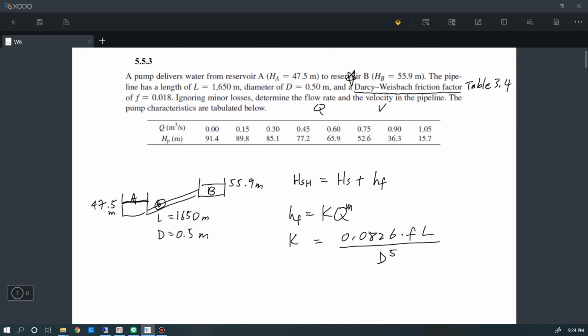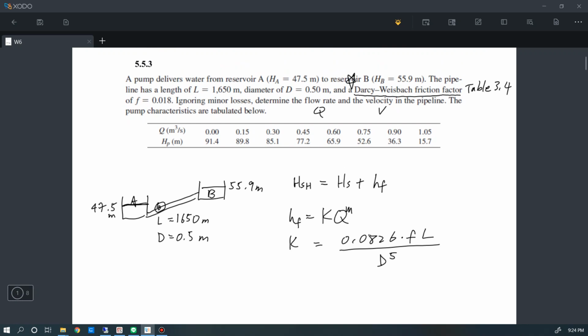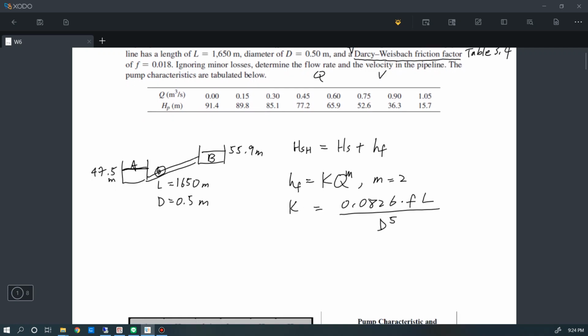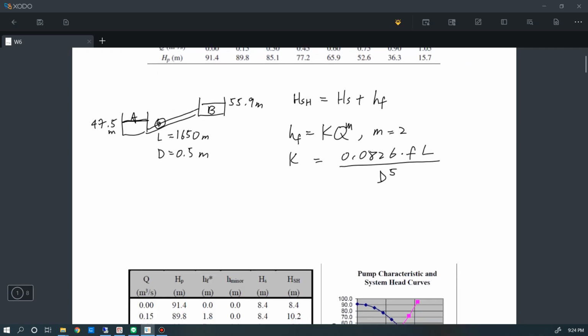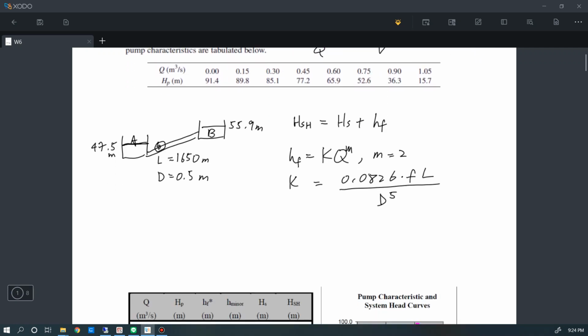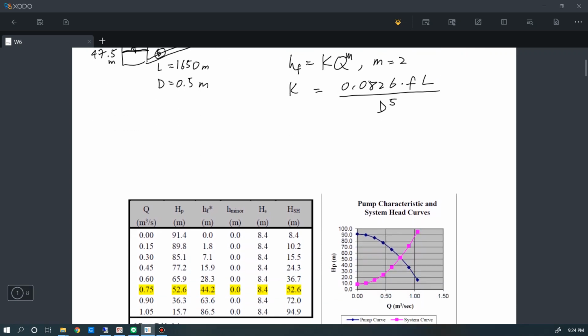And we know that this n is equal to 2 as well. So we can start the calculation. Because, as I say, we need to calculate the head losses for different flow rates, we create the table here.